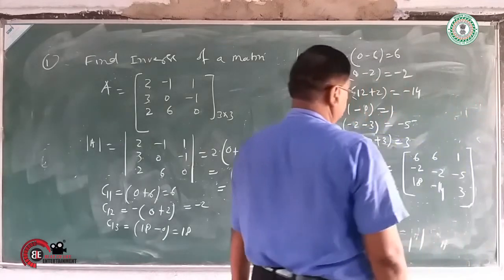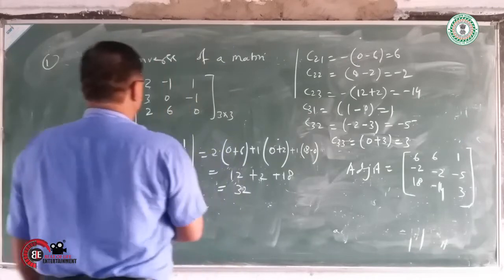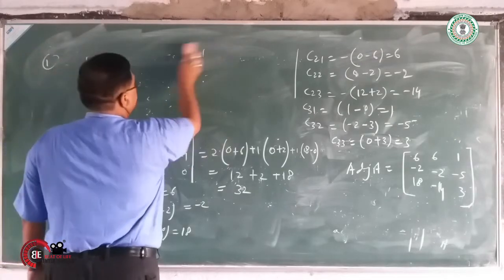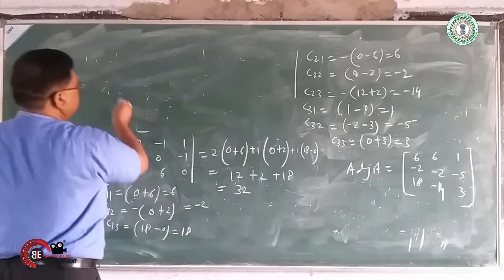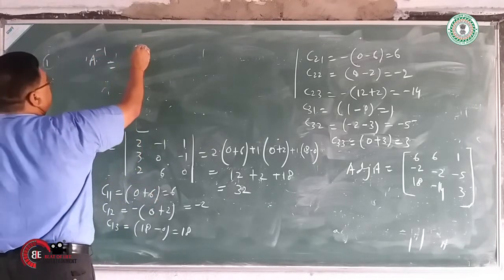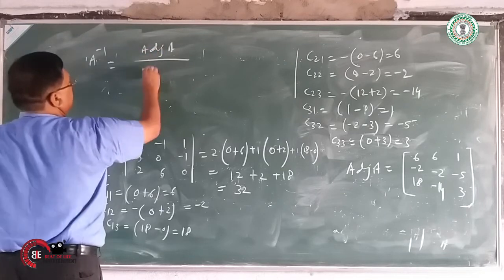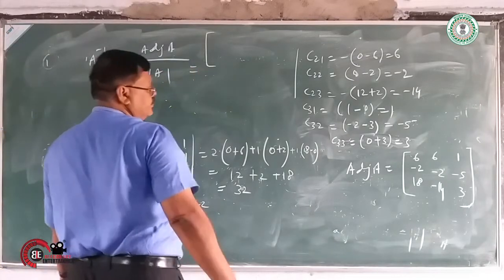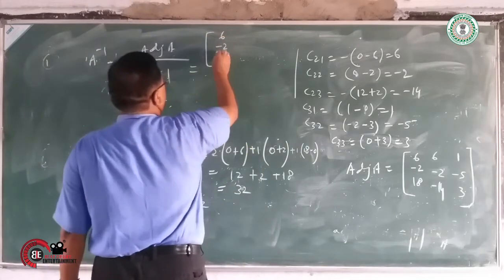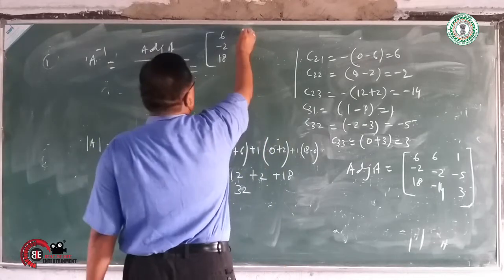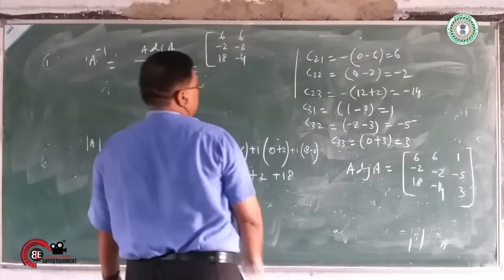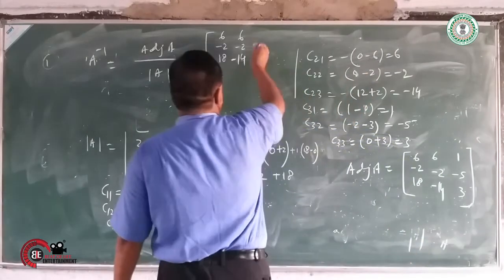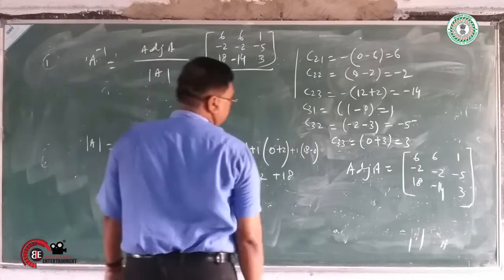This is adjoint A. So A inverse is equal to adjoint A by determinant A. So now in the final answer we are getting 6, minus 2, 18, 6, minus 2, minus 4, minus 14, and 1, minus 5, 3, divided by determinant A, 32.